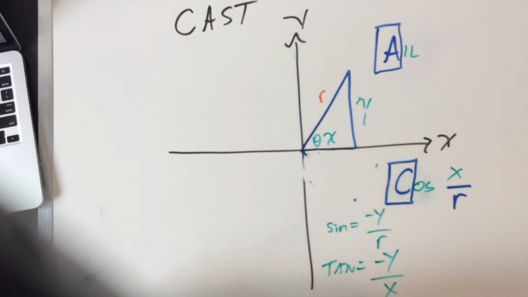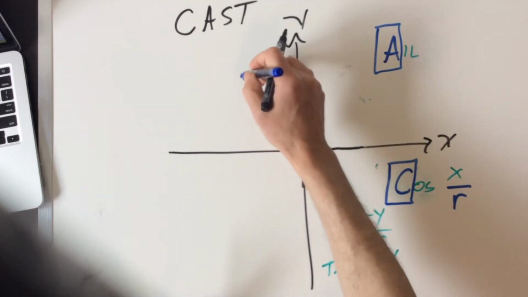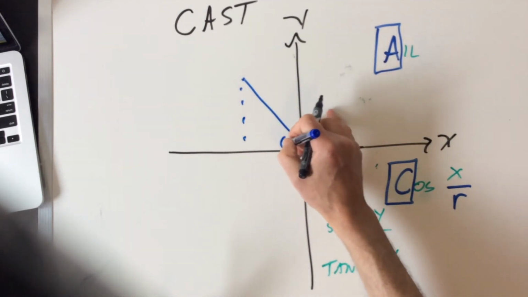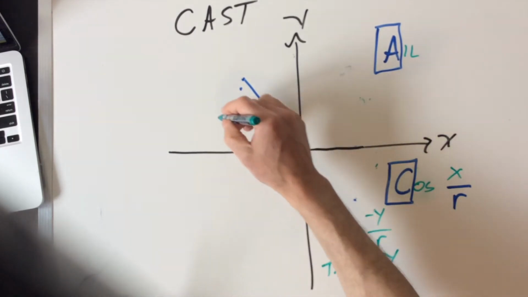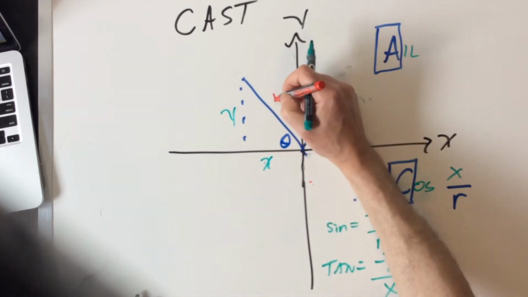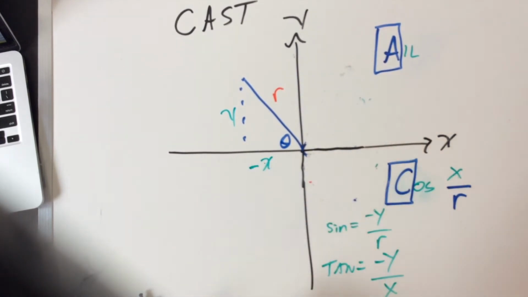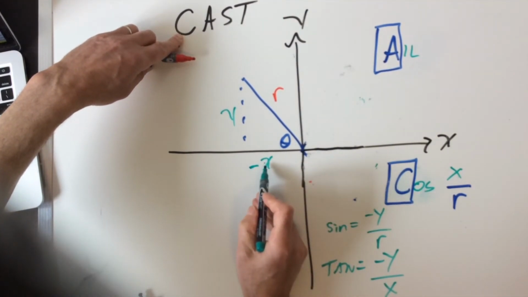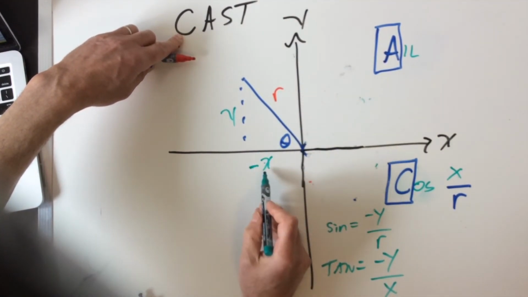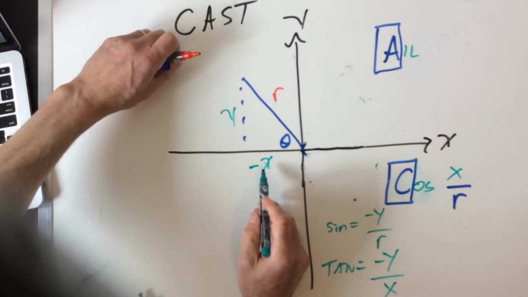So if we move over to the next one, and we have a new reference angle, this one here, we've got our X, we've got our Y, we've got our R. We notice X is negative. Therefore, in cosine, we have the adjacent over the radius, so cosine is going to be negative.